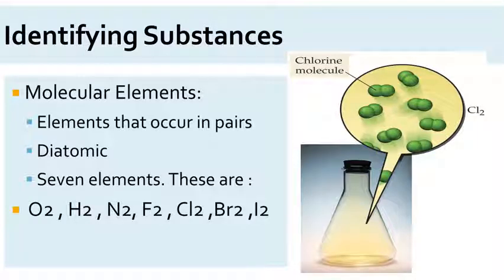Identifying substances, molecular elements: elements that occur in pairs, we call them diatomic elements. Several elements are examples of them. These are oxygen, hydrogen, nitrogen, fluorine, chlorine, bromine, and iodine.